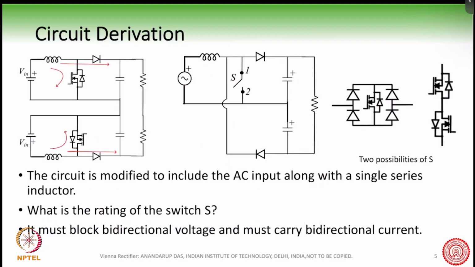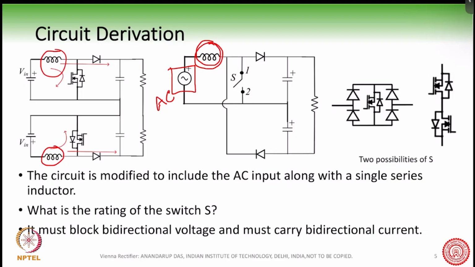Now let us try to get rid of these two inductors and try to get a single inductor, but now we have an AC input. Okay, so this is possible. You can see here that if I put an AC input here, and we have the inductor placed in series with the AC input.